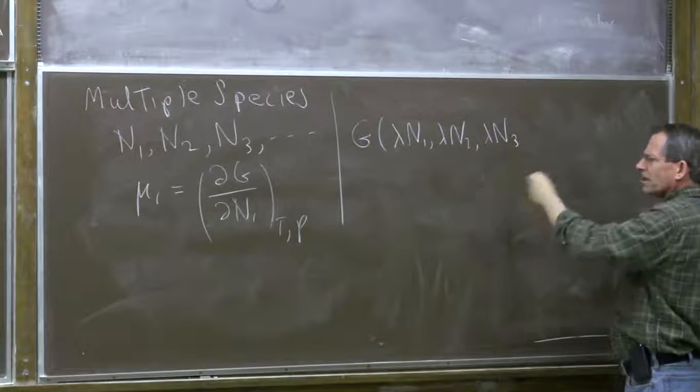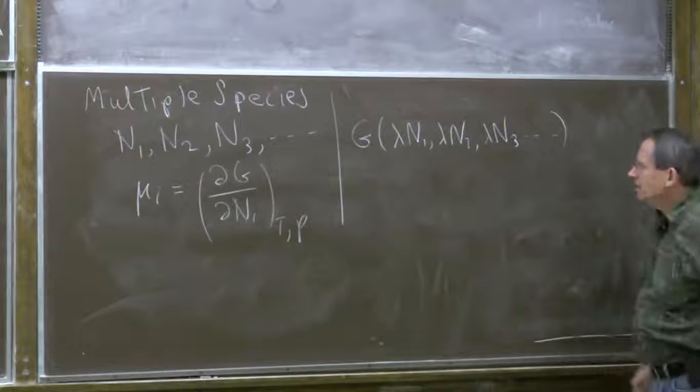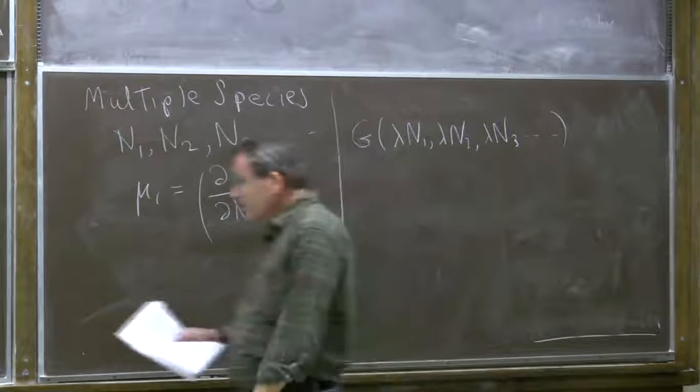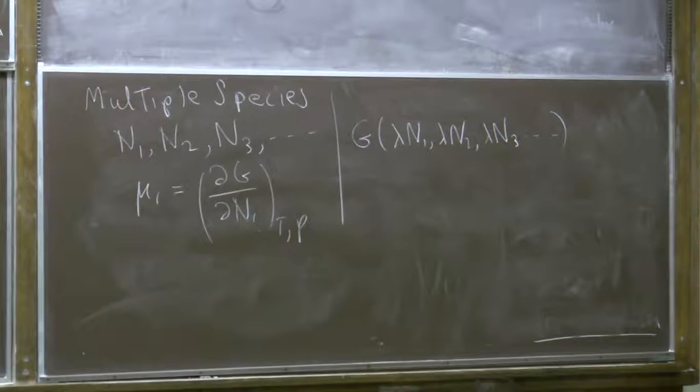I won't write the temperature and pressure explicitly, but they're also arguments. So we scale up the system size by a factor lambda. That increases N1 by the factor lambda, N2 by the factor lambda, etc. The Gibbs free energy is extensive, therefore it also scales up by the same factor, lambda. It's proportional to the system size or volume.